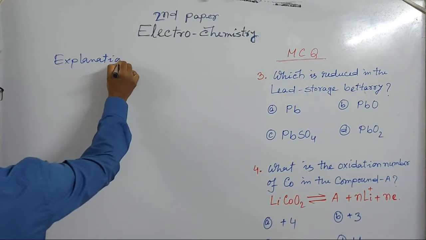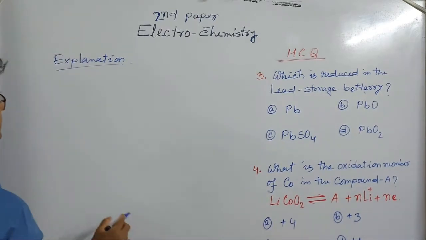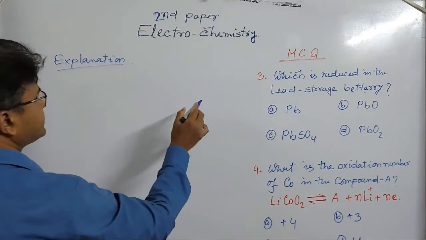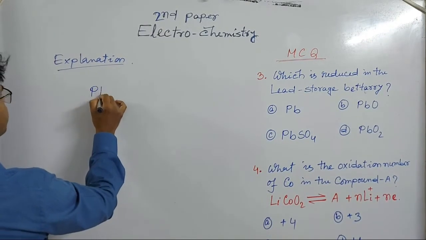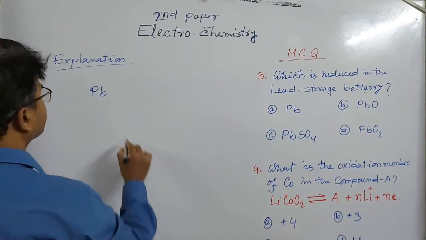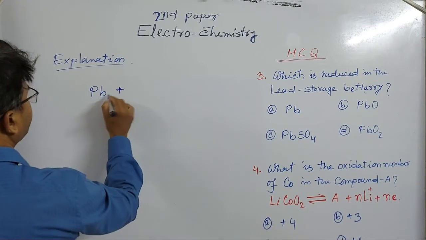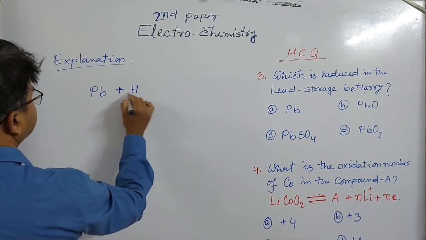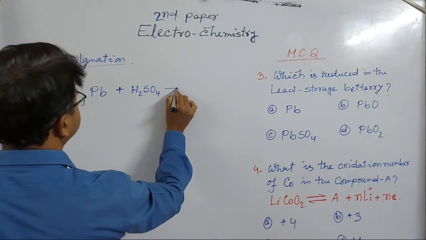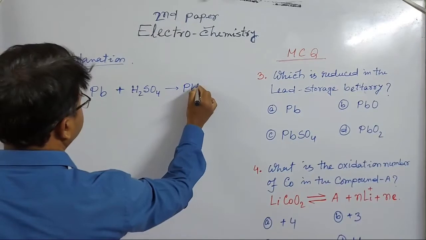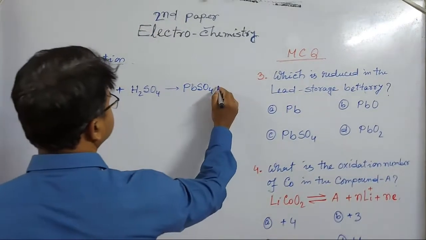Dear students, all of you know that in the lead storage battery, sulfuric acid is used as electrolytic substance, and here actually lead plate is used as anode, and during the reaction between lead plate and sulfuric acid, lead sulfate is produced here.